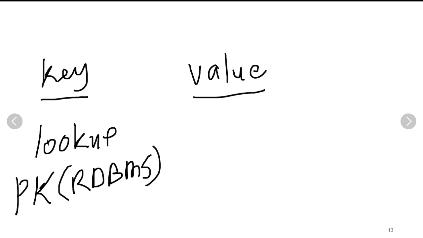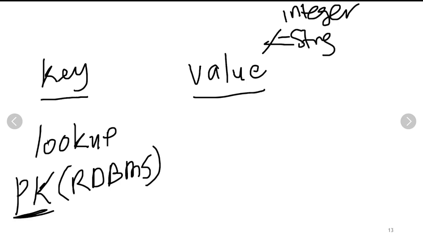So when it has a key, a primary key, it is going to have a value associated with the key. Those values could possibly be an integer, string, or any other type.